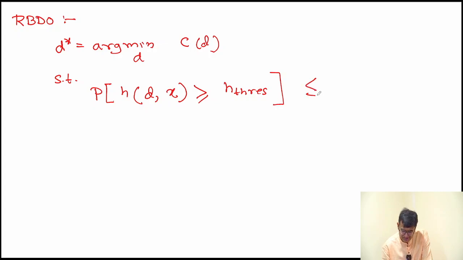This probability should be less than or equal to some very small number, let's say 10 to the minus 4 or something like that. I'll call it the probabilistic threshold.